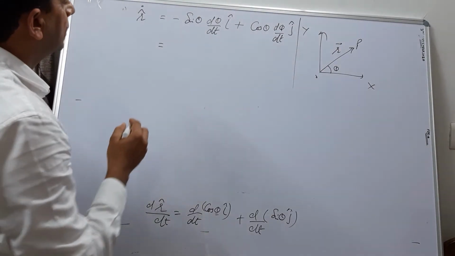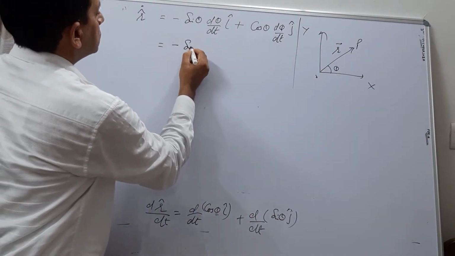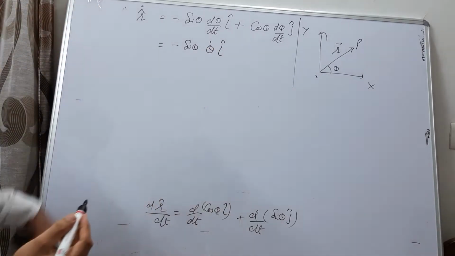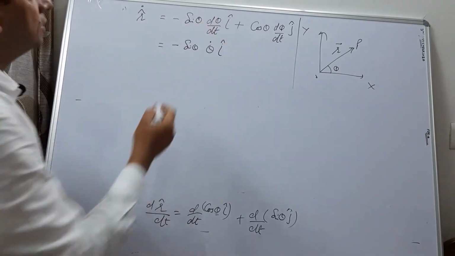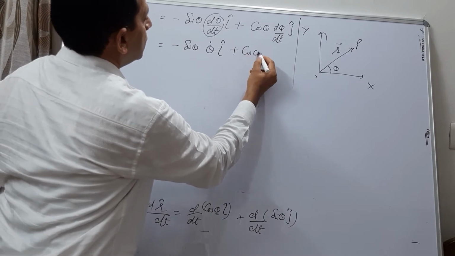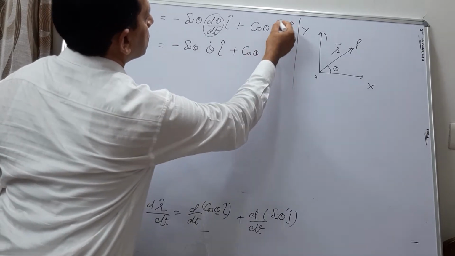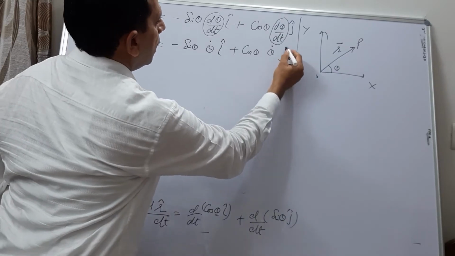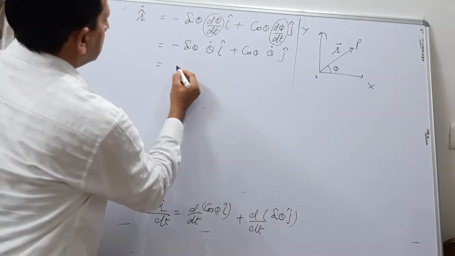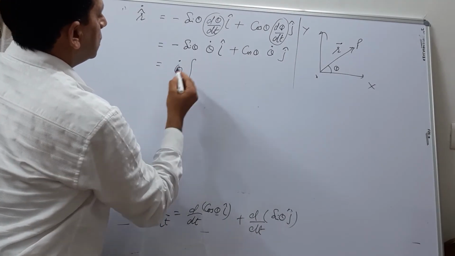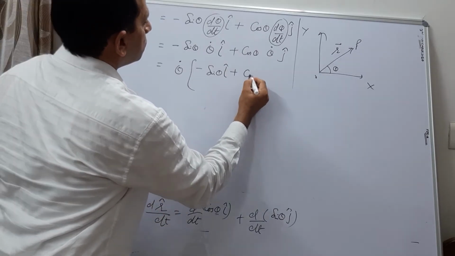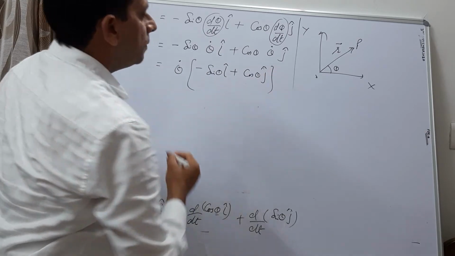Now, it may be written as minus sin theta into theta dot i cap, because d theta upon dt can be written as theta dot, plus cos theta into again theta dot j cap. Further we will take theta dot common from both terms and we will get theta dot into minus sin theta i cap plus cos theta j cap.